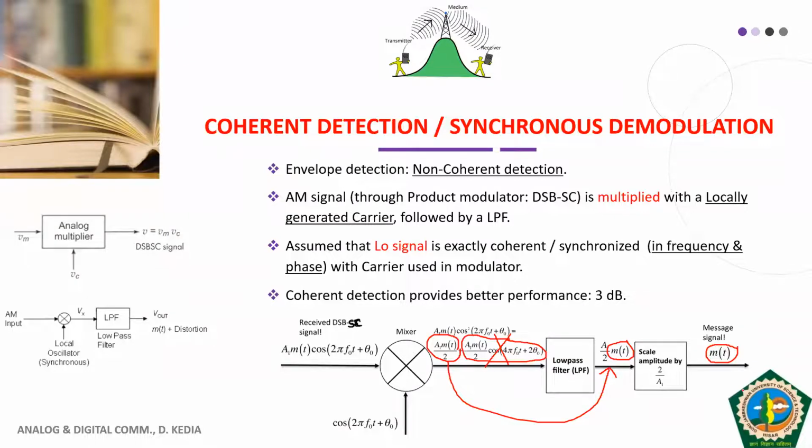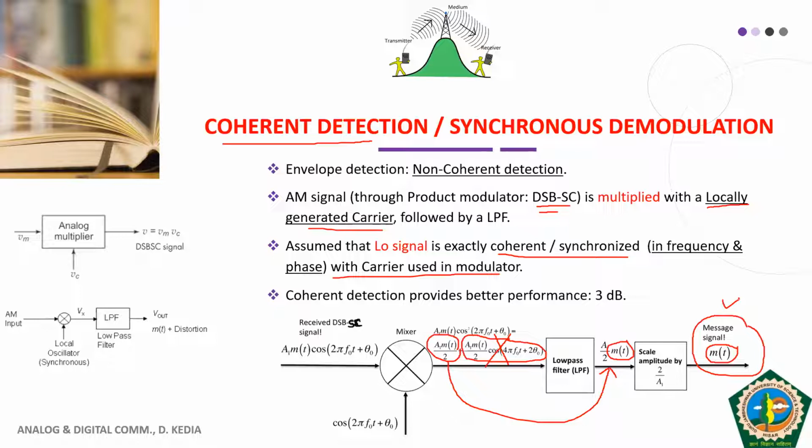This is how we prove mathematically that with the help of coherent detection, your double sideband suppressed carrier signal, when multiplied with a locally generated carrier which is coherent or synchronized with the carrier used in the modulator, gives us the original message signal. This coherent detection provides better performance compared to envelope detection or diode detection.